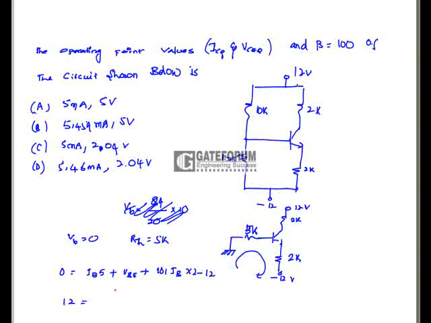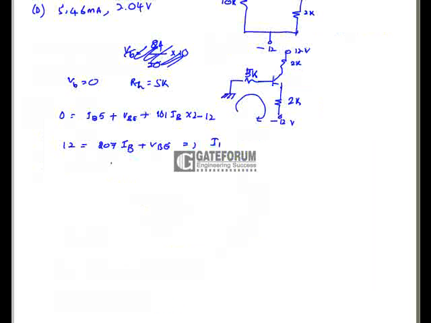So 12 is equal to 207 IB plus VBE, that is IB is equal to (12 minus 0.7) by 207 milliamps.